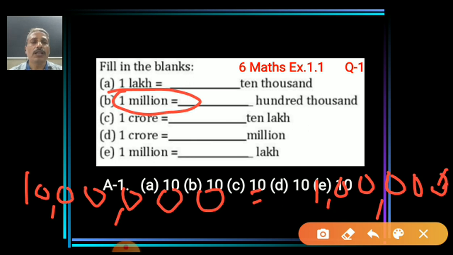So what number do I want to multiply with this to make 10 lakh? Yes, very simple, 10. So the second answer is also 10. See student, this is a magic, isn't it? All answers are 10, 10, 10 only. But the point is to understand how to make this 10. Good.